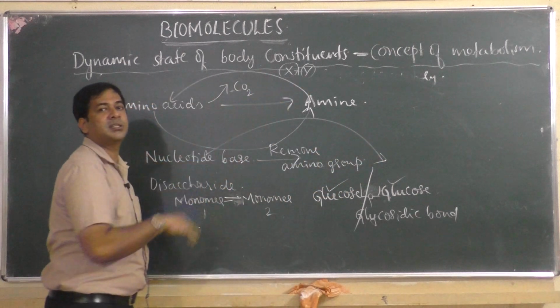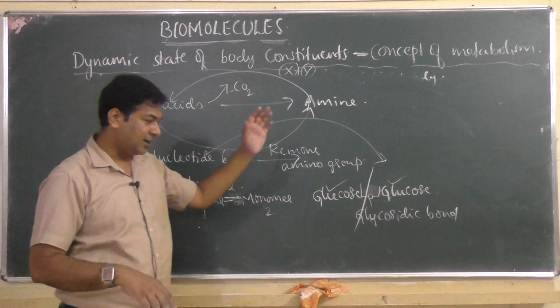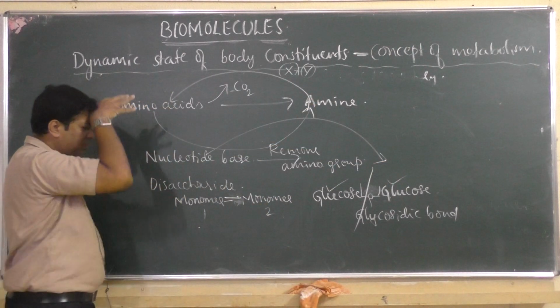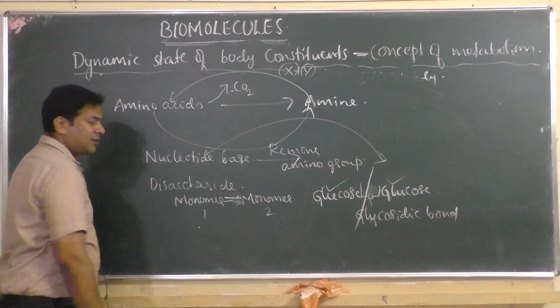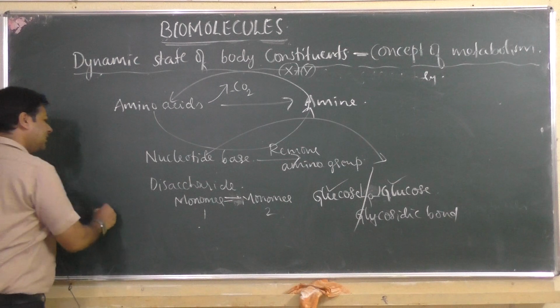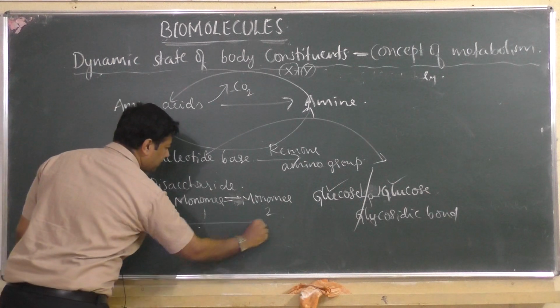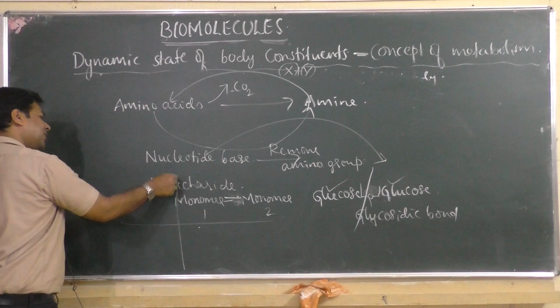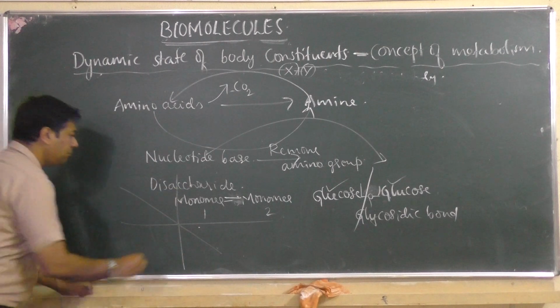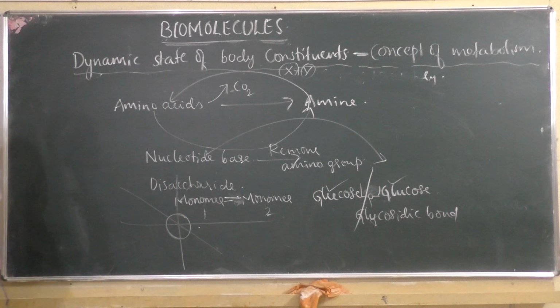At last one product is produced, that is also not permanent, again that product produces one more biomolecule. So continuously this happens, and it is like traffic. Continuously in one road traffic is going on, in another road also traffic is going on, and they meet at one point, like a junction. So it is like a junction, like metabolic traffic.